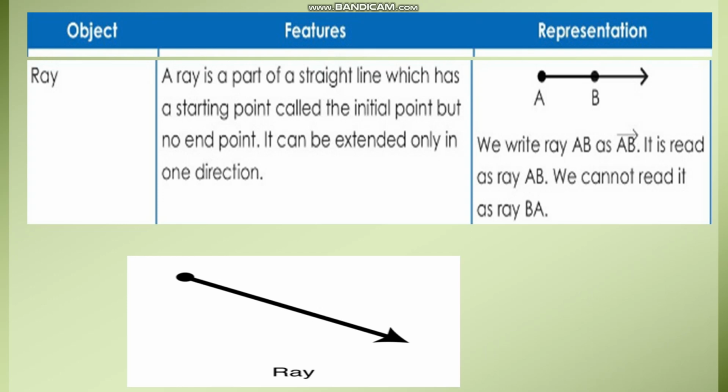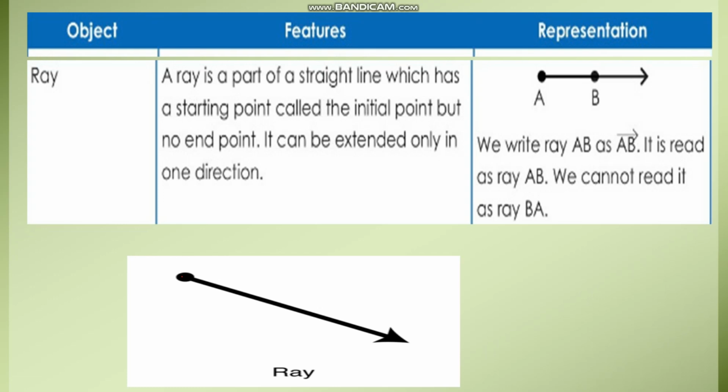A ray is a part of a straight line which has a starting point called the initial point but no end point. Okay, so ray means the line which is starting from a fixed point and it is going endlessly in one direction.